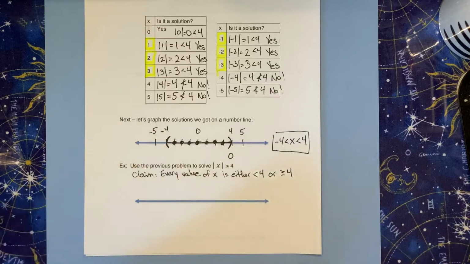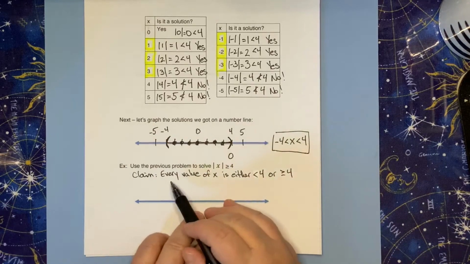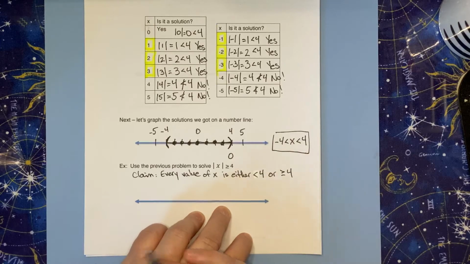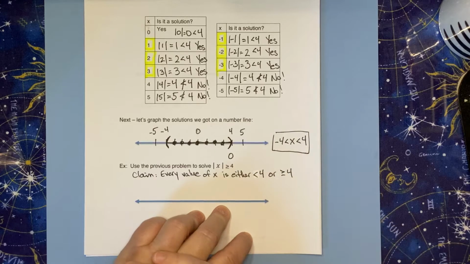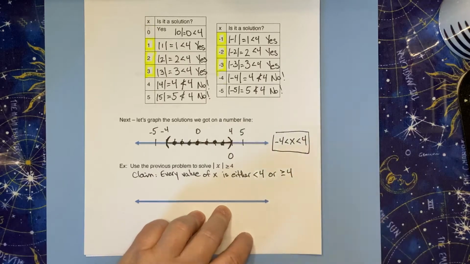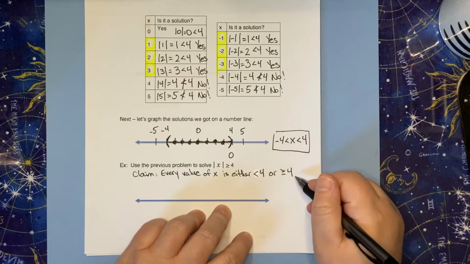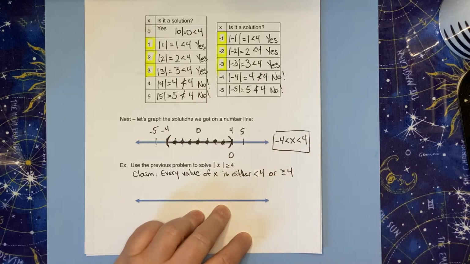Every value of x is either, so any number you can think of, 10, greater than or equal to 4. Negative 12, less than 4. 138,000, greater than or equal to 4. 4, greater than or equal to 4. 4 is equal to 4, so it falls into this category.